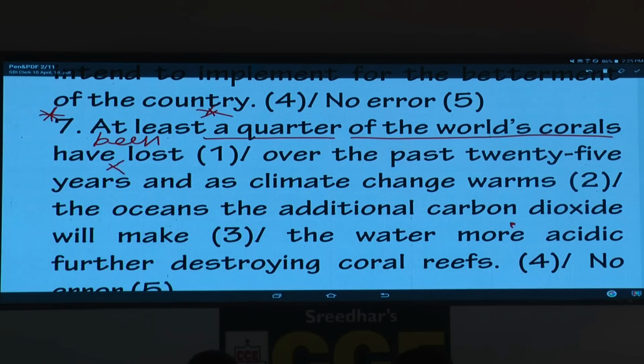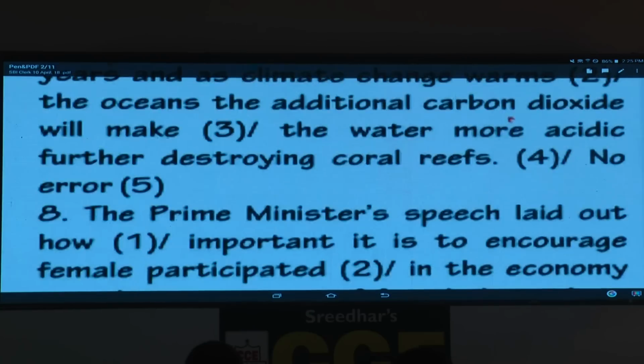Not only that, once you learn something, for any objective type exam, you should practice thousands of questions. Thousands, not hundreds. Otherwise, what is the point in learning present perfect passive voice? Please ask yourself: you have already learned present perfect passive voice, a question has been given about that, and you cannot spot the error. So it cannot be justified. Now let us move on to the next one.